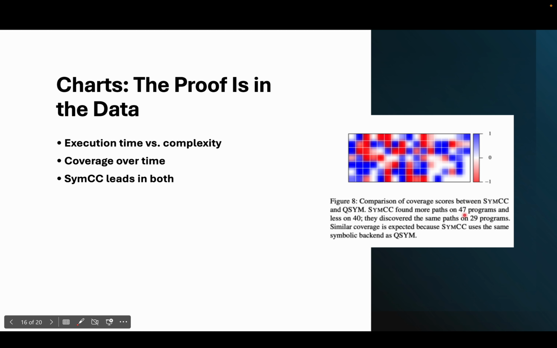Out of 47 programs tested, in 29 programs both SymCC and QSYM discovered the same paths, while SymCC found more paths in 47 programs, whereas QSYM performed better in 40 other programs. So as the code complexity rises, interpretive approaches slow down dramatically.